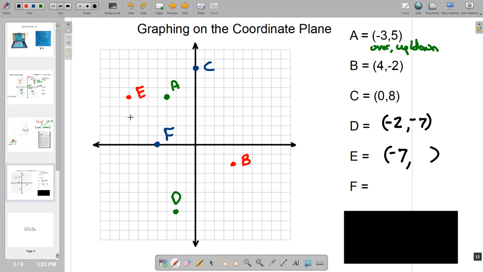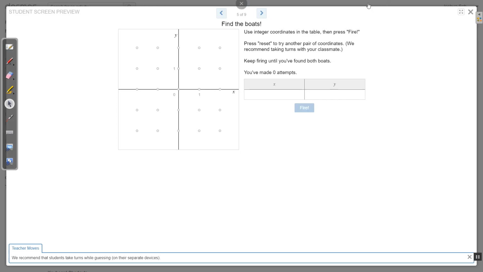So 1, 2, 3, 4, 5 for point E. Then finally, last but not least, is point F. Now on point F, I'm going left, so negative, and I'm going left 1, 2, 3, 4, making this negative 4, comma, and I don't go up or down at all. Therefore, my up-down point is 0.